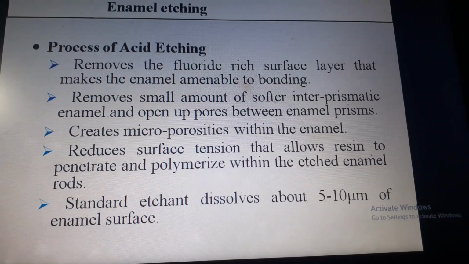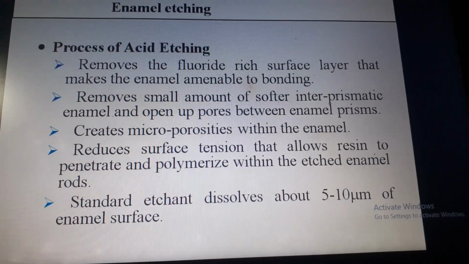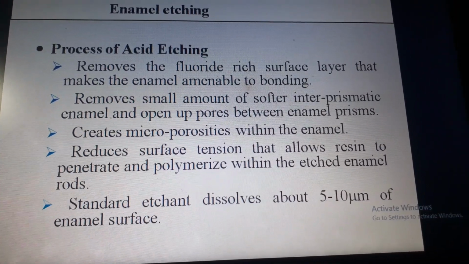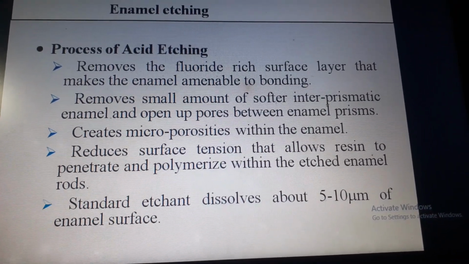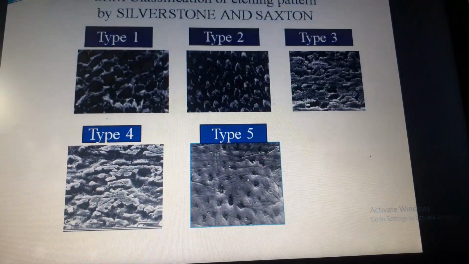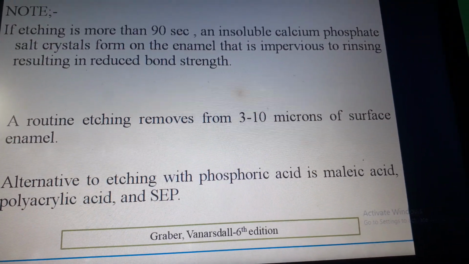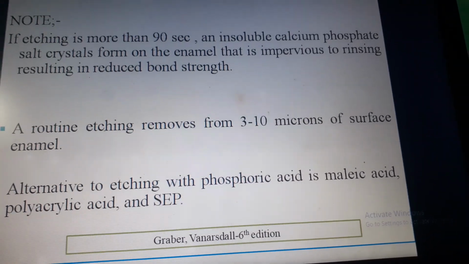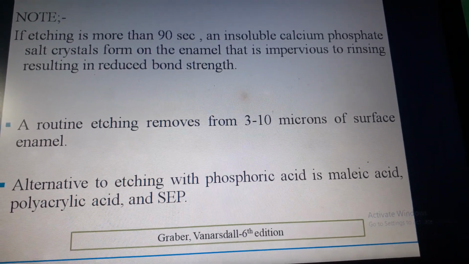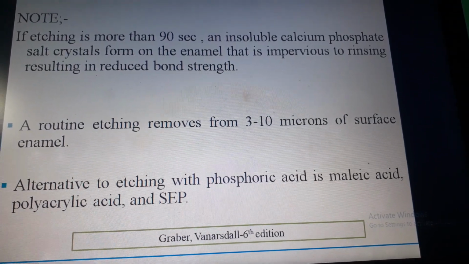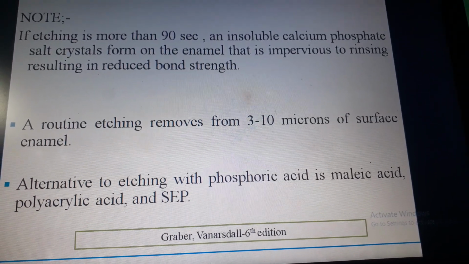It also removes the fluoride surface layer that makes the enamel amenable for bonding. It removes a small amount of intraprismatic enamel and opens up pores between enamel regions. Then if the etching is more than 90 seconds, insoluble calcium phosphate salt crystals form on the enamel and they are impervious to rinsing, resulting in reduced bond strength.